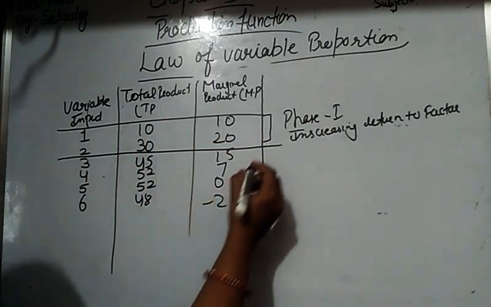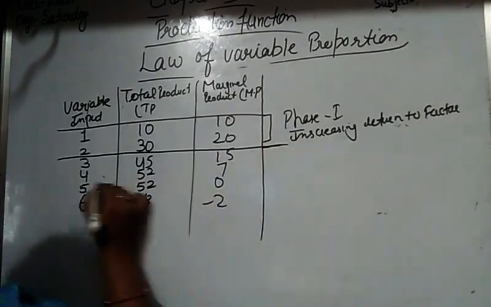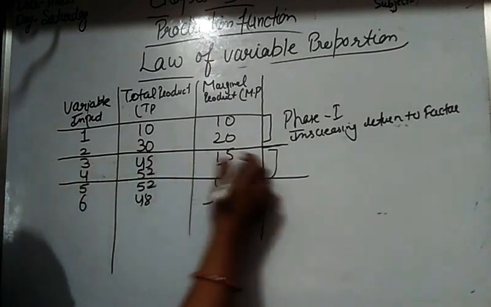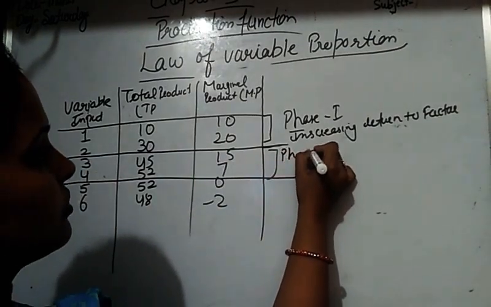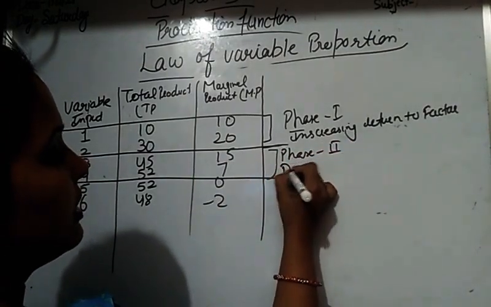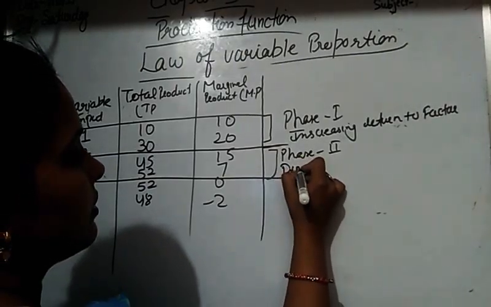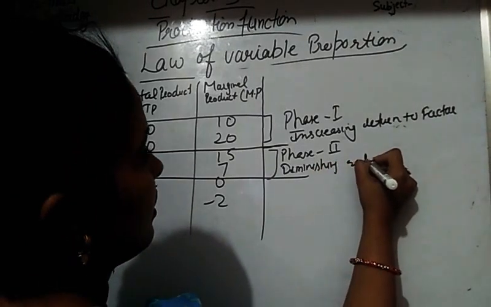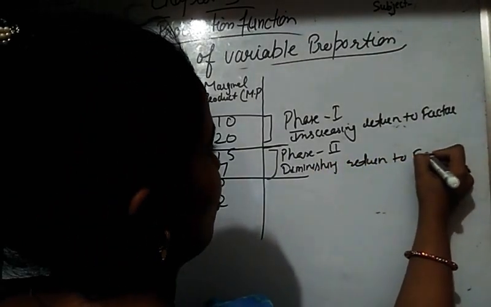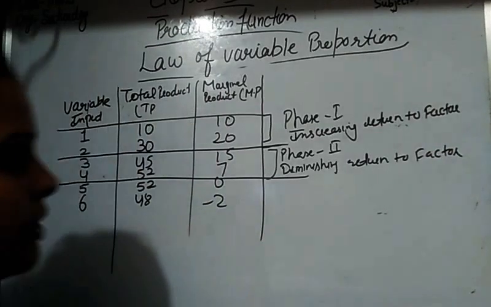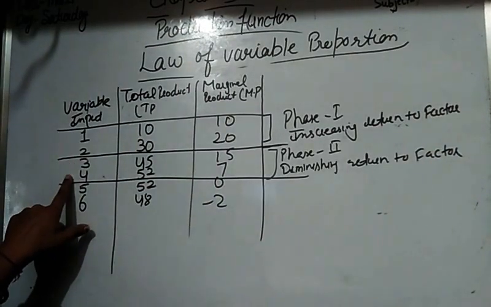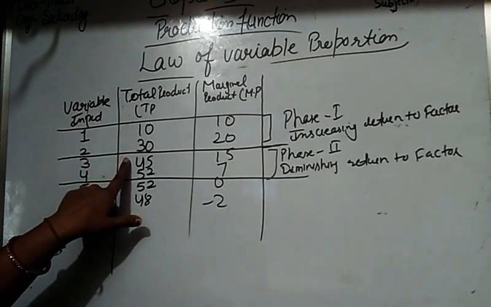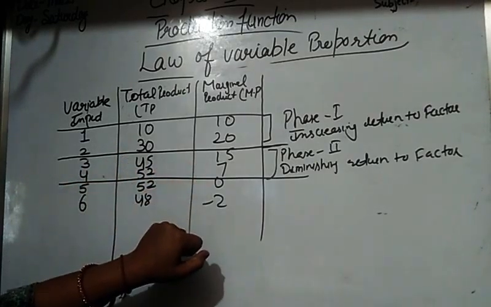The second phase is this, third to fourth. So the second phase is called diminishing return to a factor. Diminishing return to a factor means when more factors are used, when a new variable input is introduced, production is increased but at a decreasing rate.